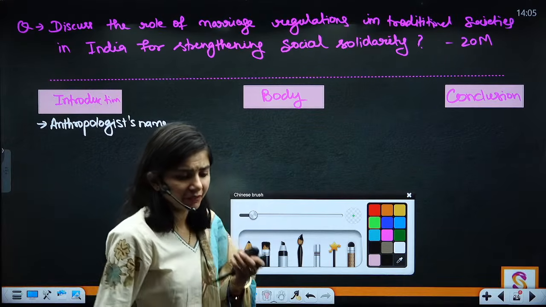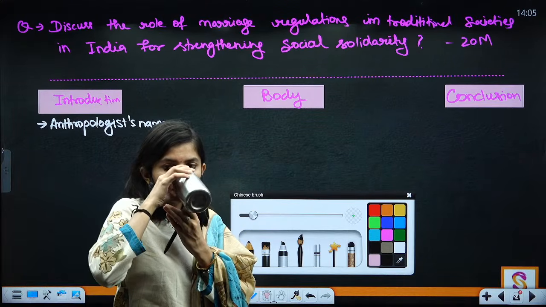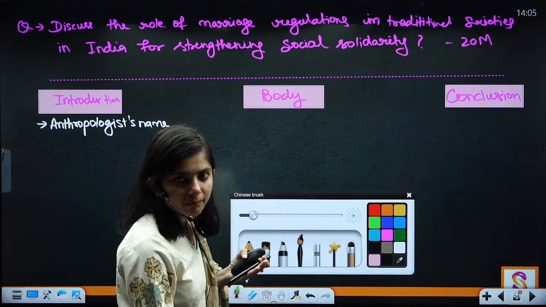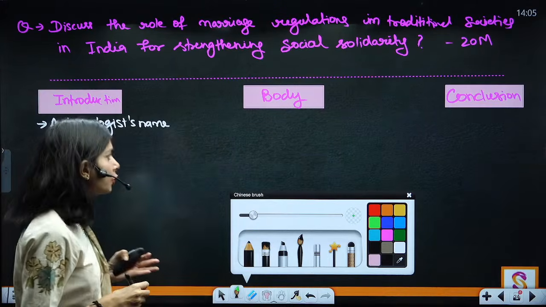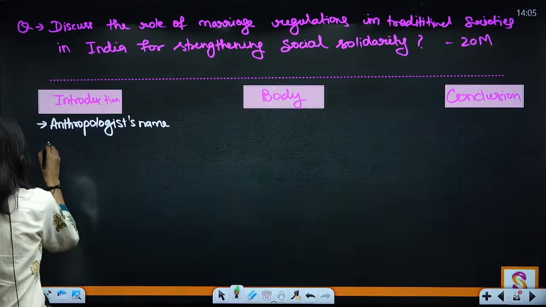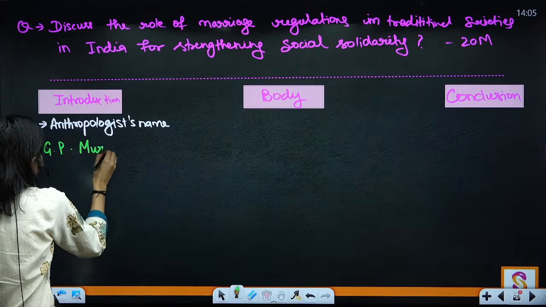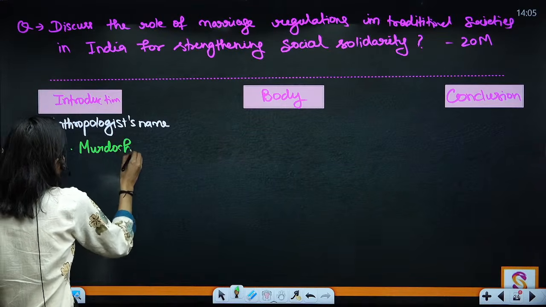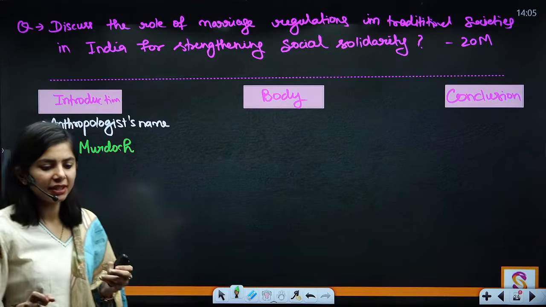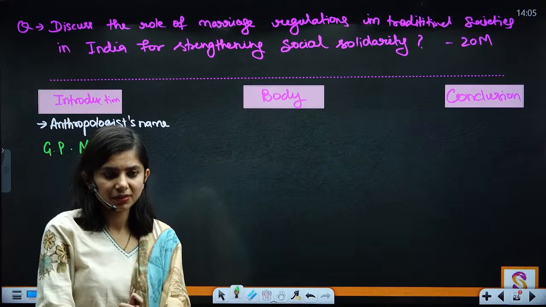Out of those 8, we would be writing the definition given by G.P. Murdock. So we would be mentioning his definition about marriage regulation.